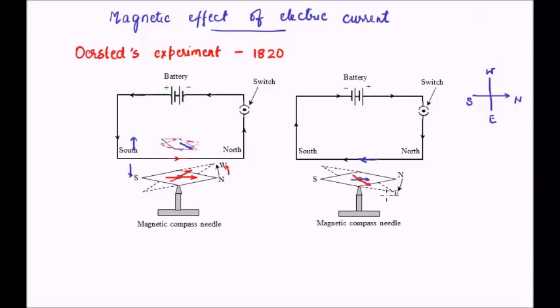This implies that when the current is flowing from here to here and the magnetic needle is below, then the direction of magnetic field is opposite to the direction if the current was flowing from this direction to this direction. Similarly, he extrapolated the experiment and put the magnetic needle at top.